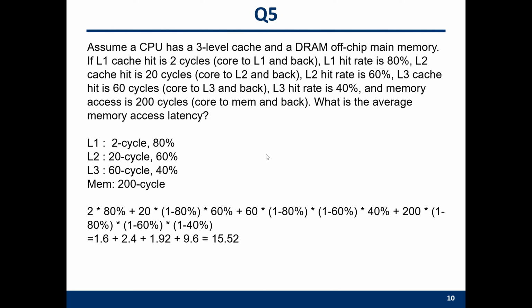For the other 60%, they will go to memory. Memory will pay 200 cycles.